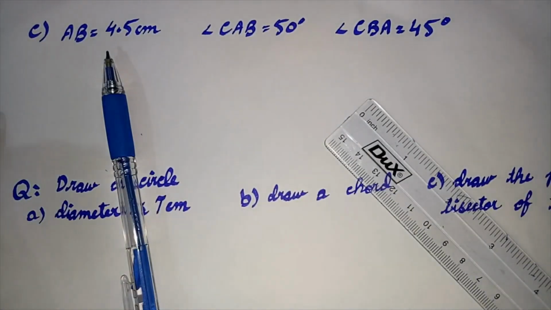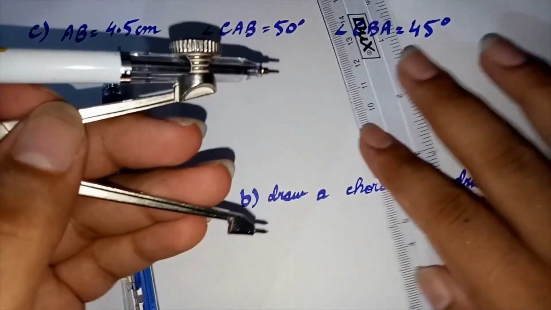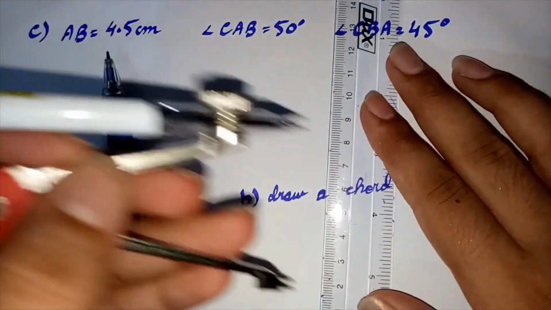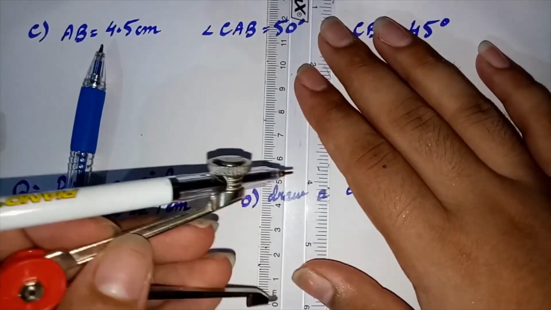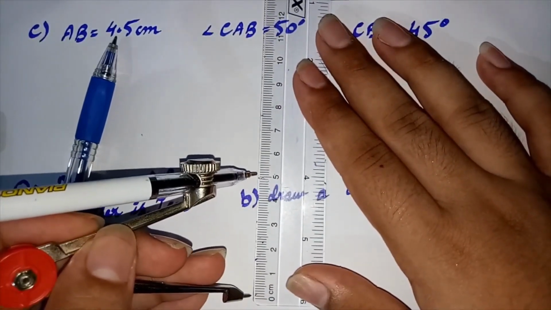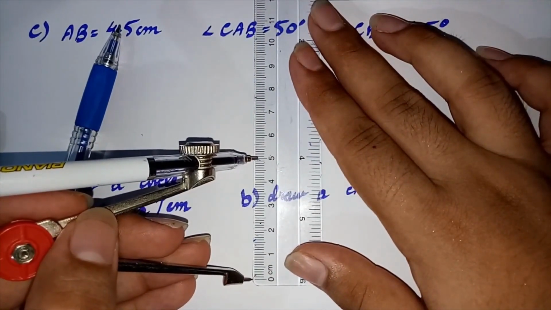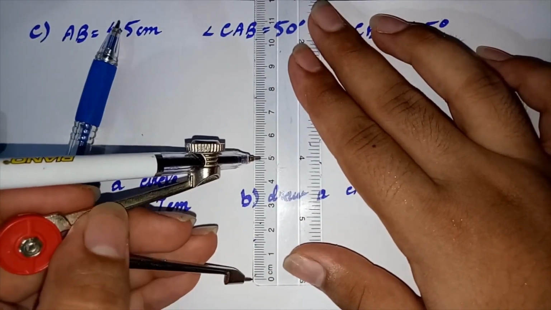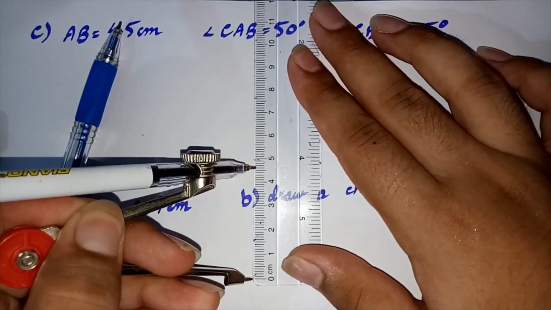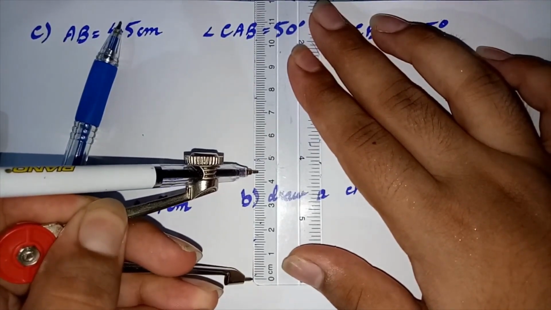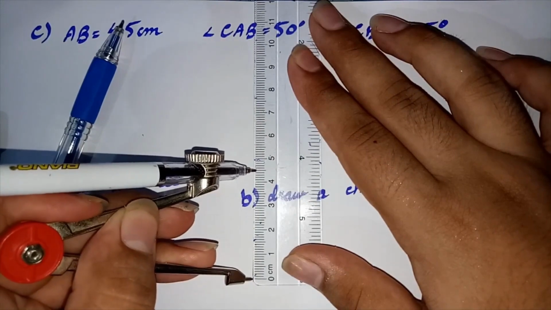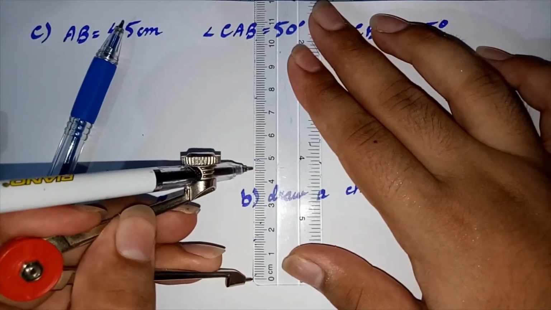All right, so let's draw it. We have to draw a side of 4.5 centimeters. So here I have to open it to 4.5 centimeters, so this point with 0, and here we have to open it with 4.5 centimeters.